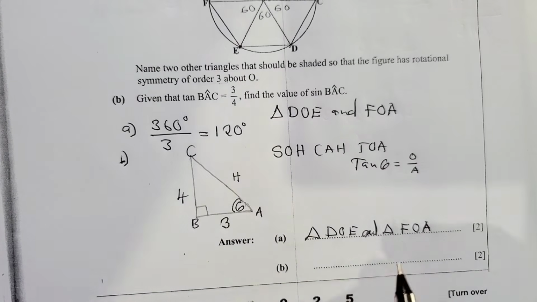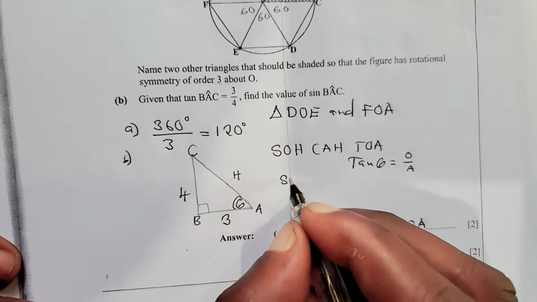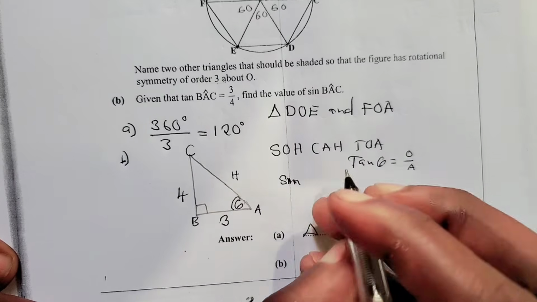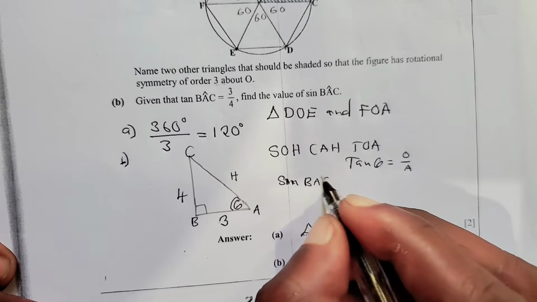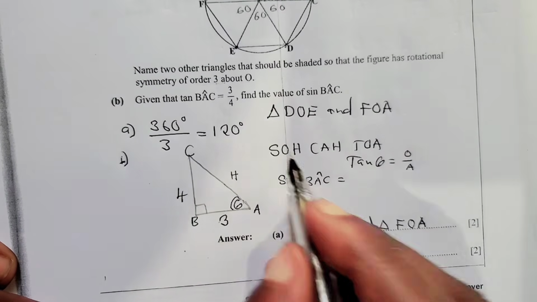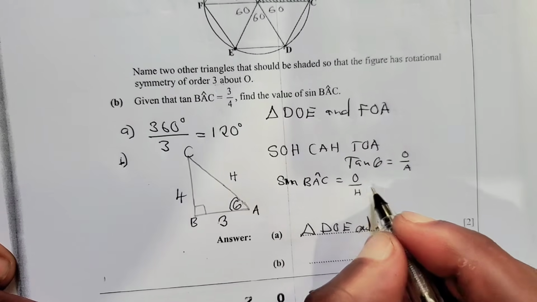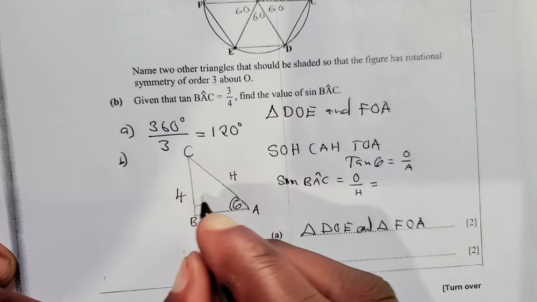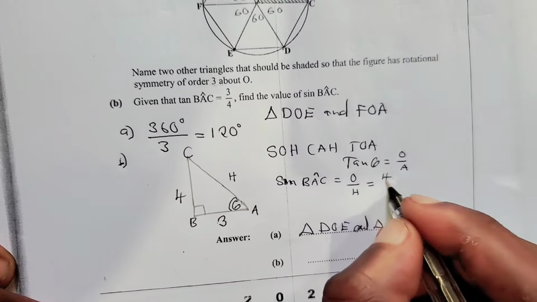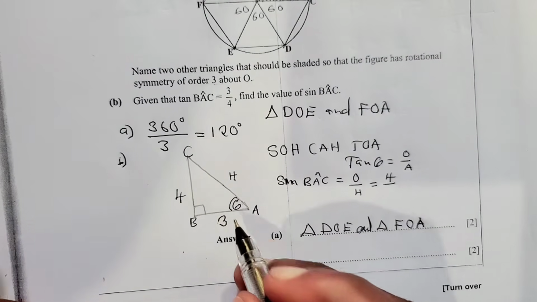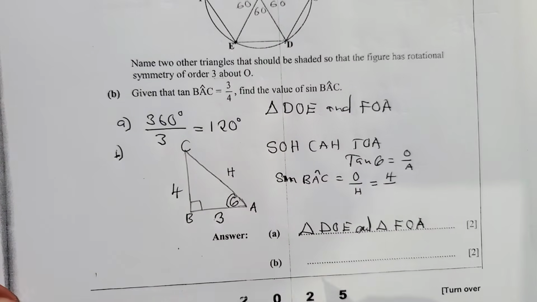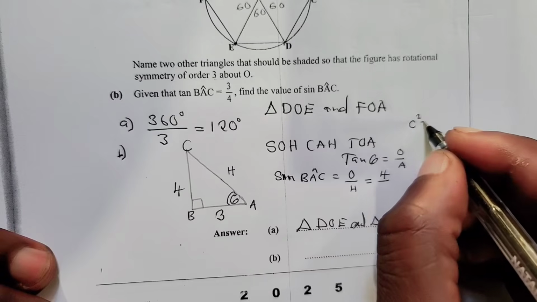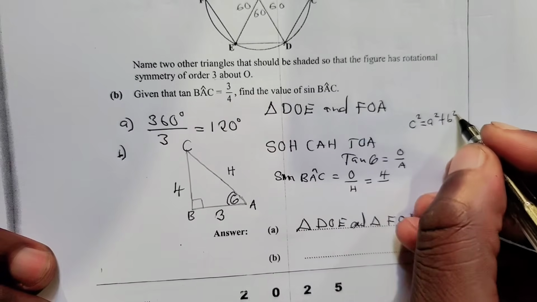Now, to find sine BAC, sine BAC is equal to opposite over hypotenuse. We have the opposite, which is 4, but we don't have the hypotenuse. We can find it using the Pythagoras theorem, c squared is equal to a squared plus b squared, where c is the hypotenuse.